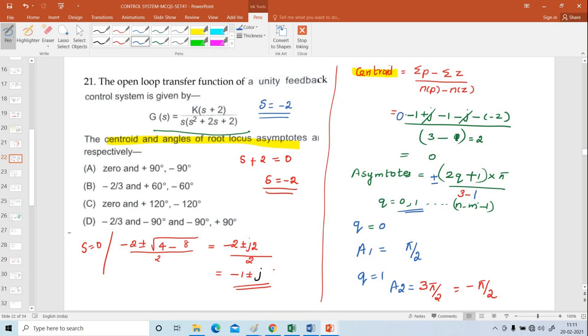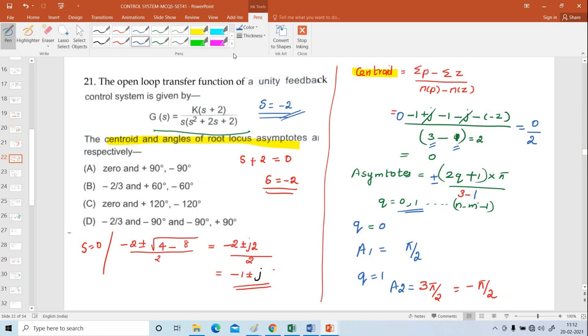The first one is 0, then the next pole is minus 1 plus j and another one is minus 1 minus j, minus of minus 2 which is the zero. Divided by number of poles, 1, 2 and 3, 3 poles and only 1 zero. 3 minus 1 equal to 2. That is 0 by 2, that is equal to 0.